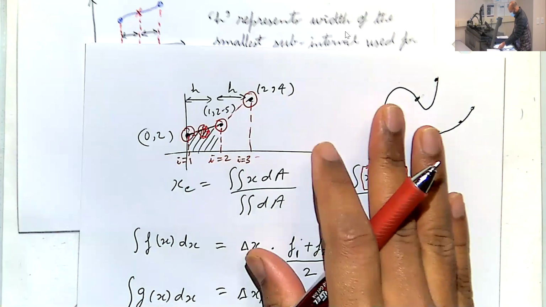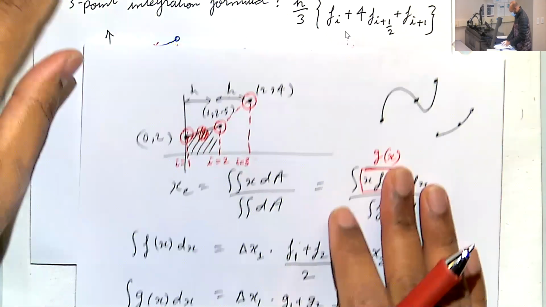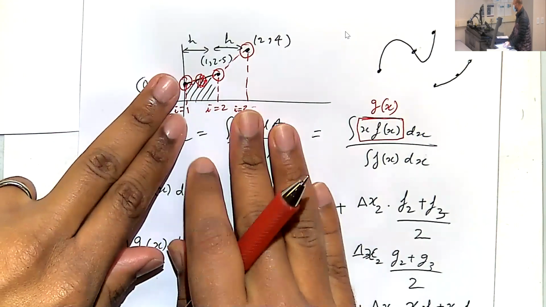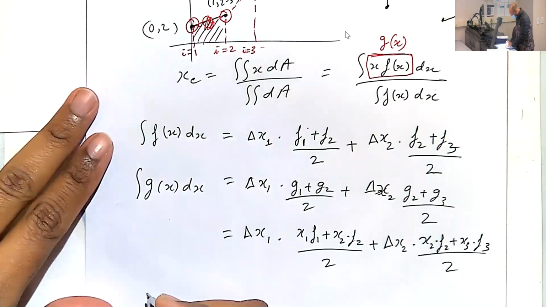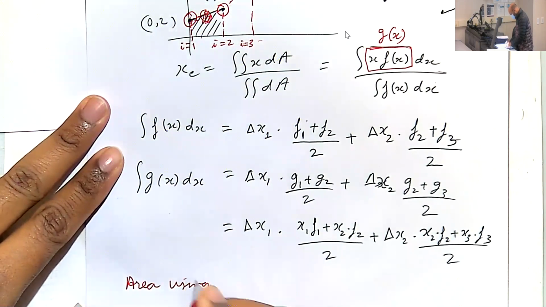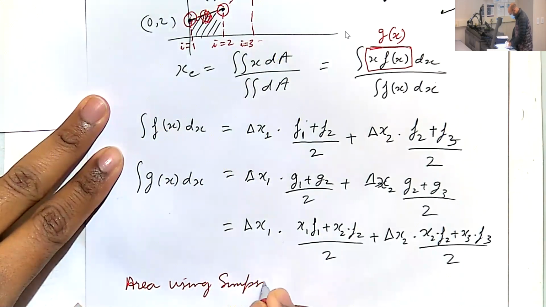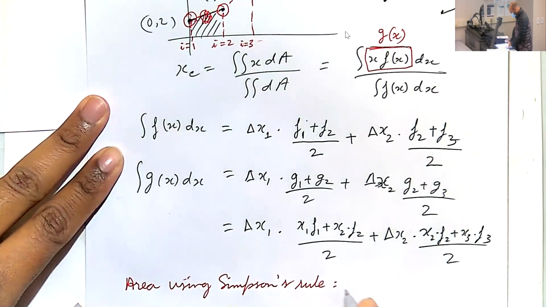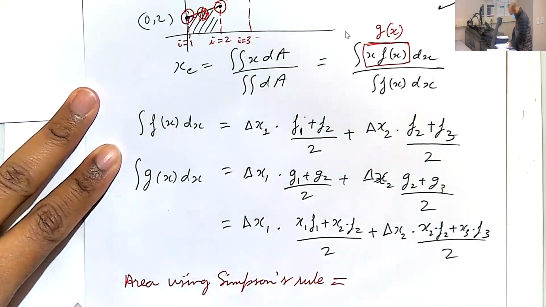All right. So let's write the area formula for this using Simpson's rule. Let me just write out Simpson's rule here.